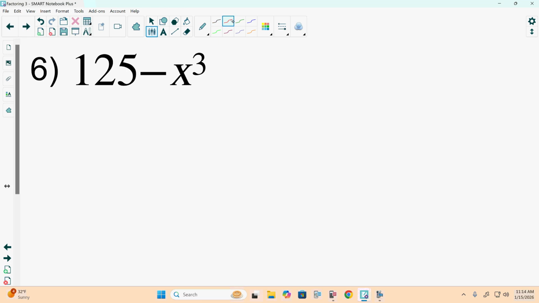It's just now that we're going to have a number taking the place of a. Because between the two terms, well, figuring out what b is kind of nice, because what times itself 3 times is x to the third? Well, it's just x. Now we do need to figure out what times itself 3 times is 125.